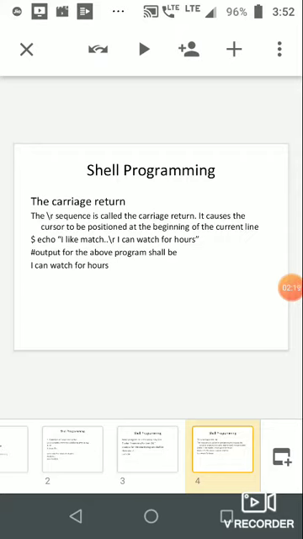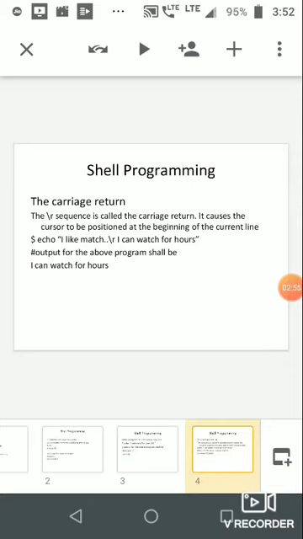And here let us take some examples. Here we have put an example: dollar echo, then within the double quotes we write, for example, a sentence, I like match. After some dots we have put slash r, that is the escape sequence, the carriage return.